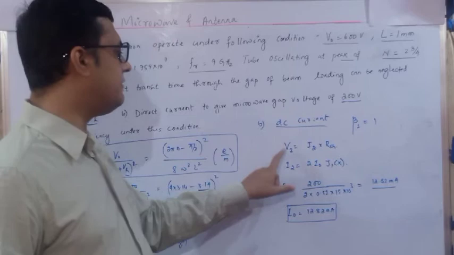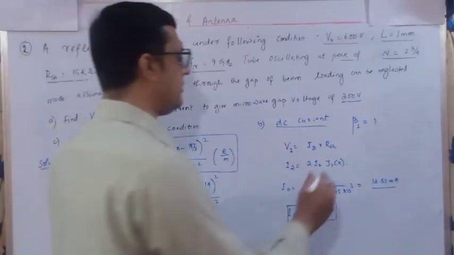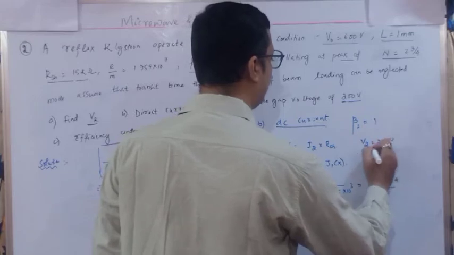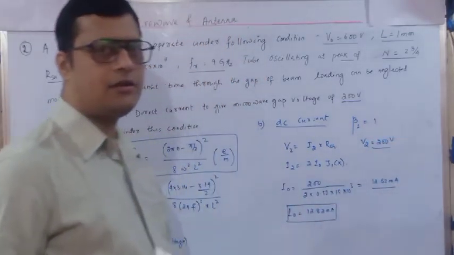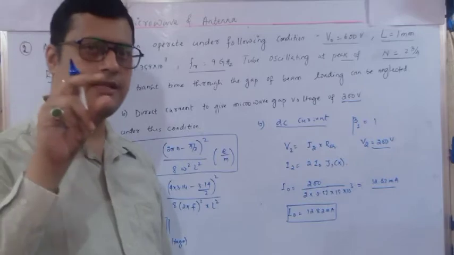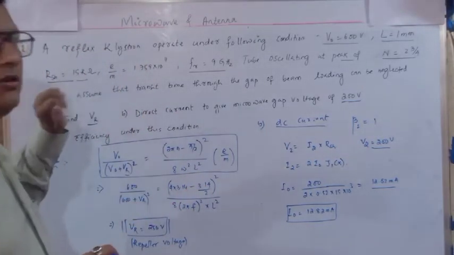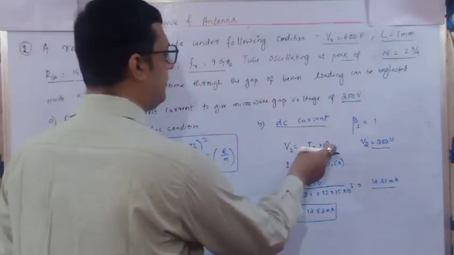So V2 is 200 volt, given. The potential drop is across RSH. RSH is how much? 15 kilo ohm. So that is I2 into RSH.